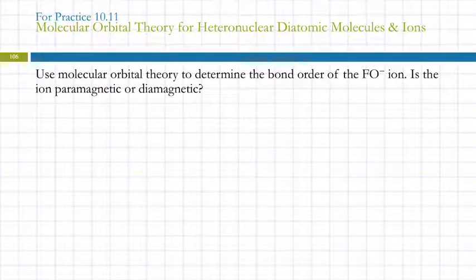Use molecular orbital theory to determine the bond order of the FO minus ion. Is the ion paramagnetic or diamagnetic? So let's take a stab at this. Again, energy going up. Do fluorine over here.